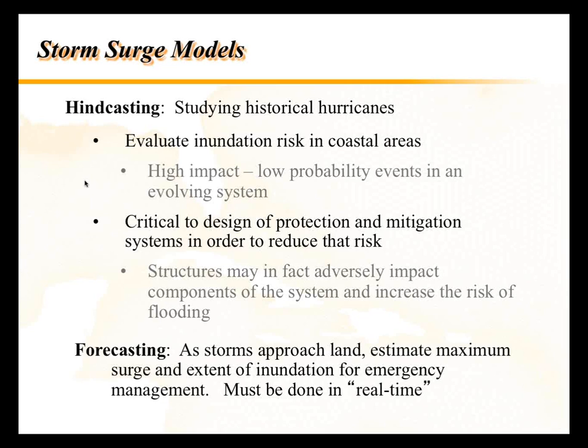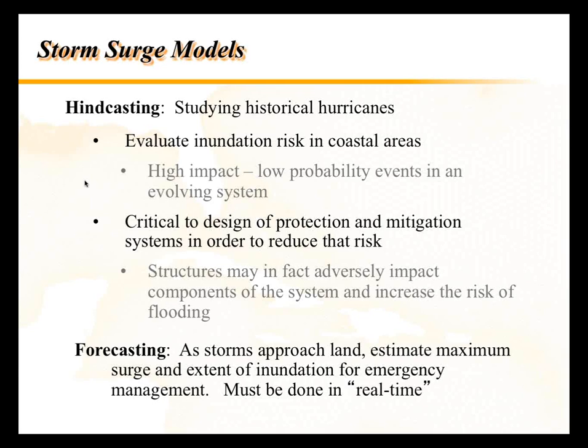So as we heard, high impact, low probability events in an evolving system. And it's critical to designing protection and mitigation systems in order to reduce that risk. Now, as we have increased our computational power, we can use the same tools that we use for hindcasting to now do forecasting.